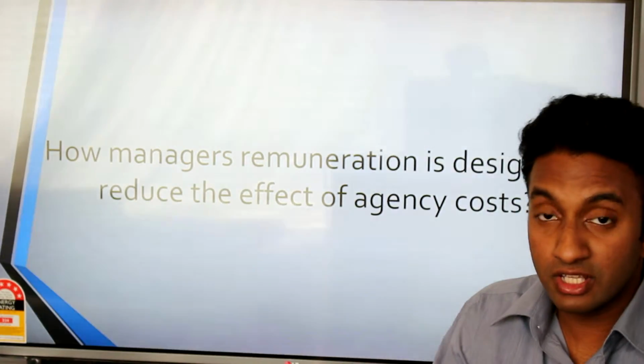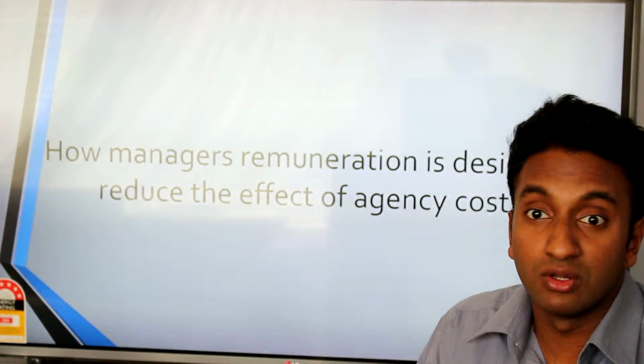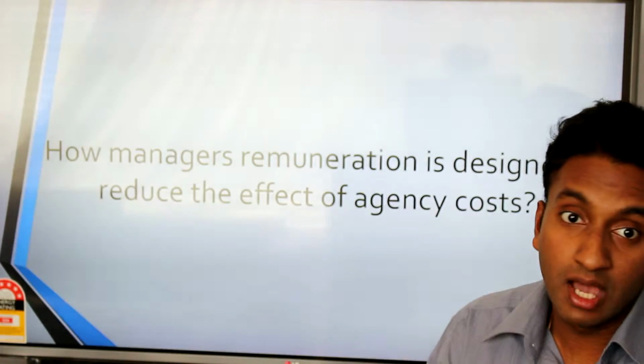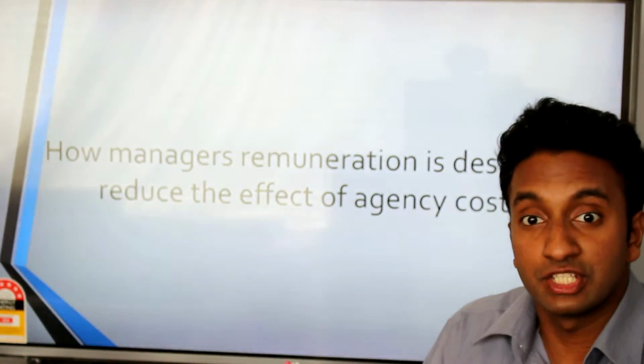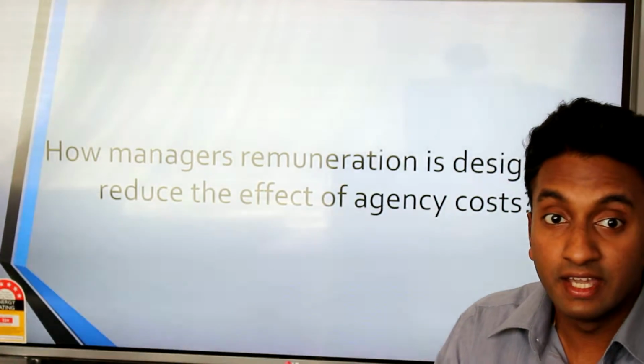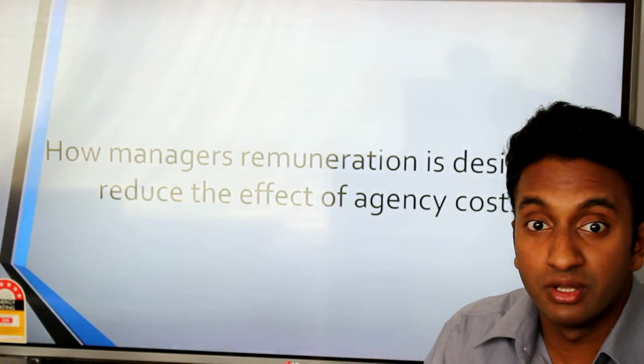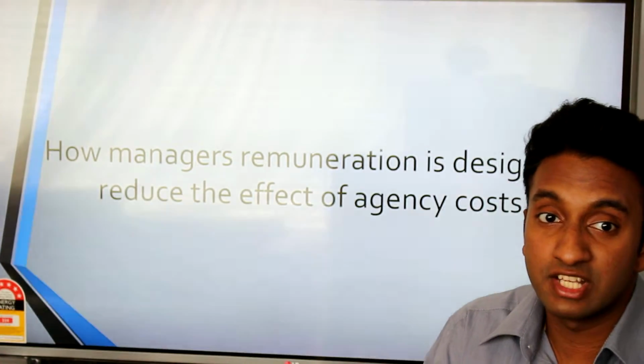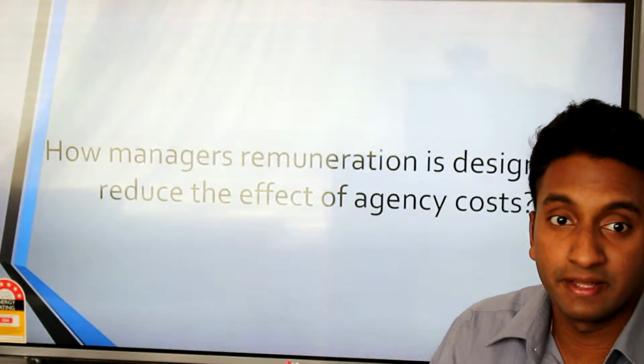There are two polar positions for dealing with shareholder-manager agency conflicts. At one extreme, the firm's managers are compensated entirely on the basis of stock price changes. In this case, agency costs will be low because managers have great incentives to maximize shareholder wealth.